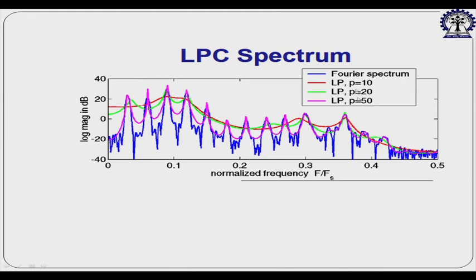If I increase the LPC order, the number of variations increases, so it accurately copies the spectral envelope. Depending on my requirement, if I want a smooth spectrum and do not want a lot of variation, then I can reduce the LPC order. If I want to copy the spectrum exactly, then I can increase the LPC order.